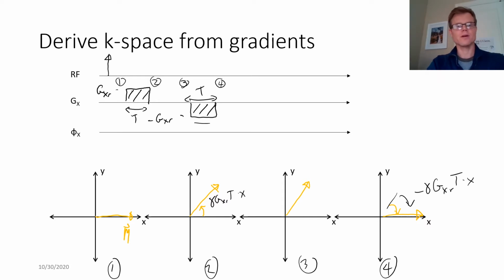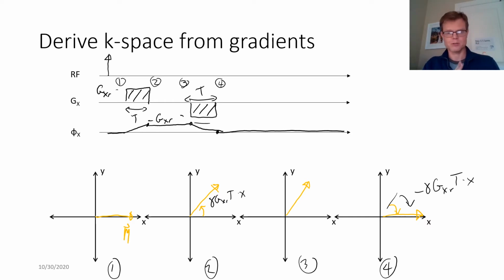So if we set these two areas to be equal, we're going to have a phase accumulation that looks like this, with no gradients on. We accumulate phase to some positive value here after the first gradient. No phase accumulation when the gradients are off. And then the reverse gradient creates a reverse accumulation of phase, and in fact we can cancel out the effects of our magnetic field gradients.